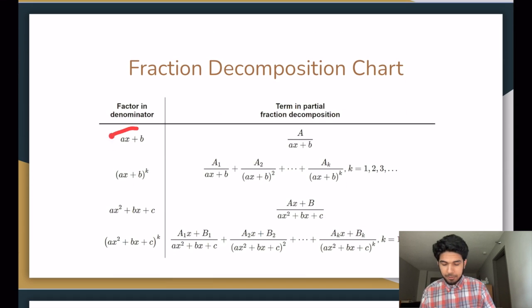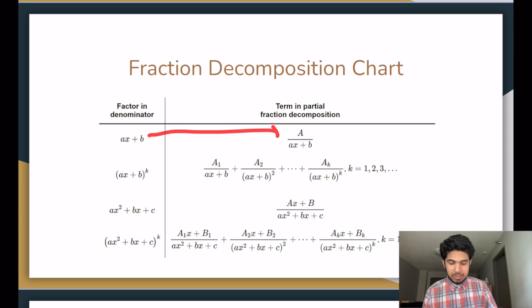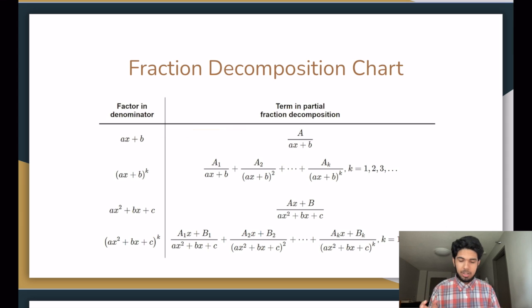Well, we take a look at the factor in the denominator. If the term in the denominator is of the form ax plus b, then that produces the fraction capital A over ax plus b, where capital A is the constant that we're going to solve for. So these are corresponding terms when we're decomposing our fraction. When we see an example, this will start to make sense, I hope.